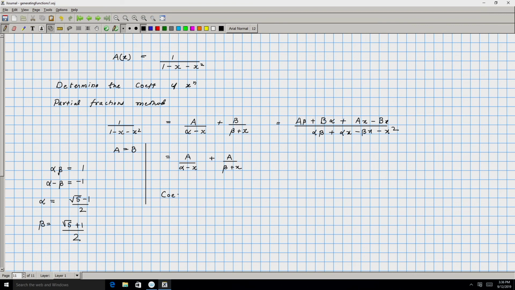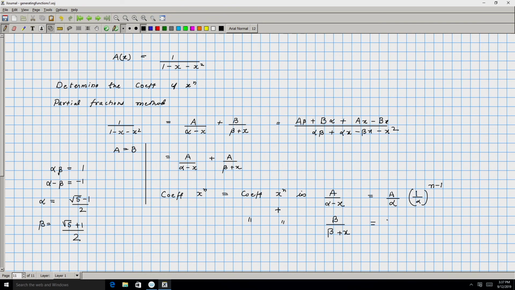So the coefficient of x^n will be the coefficient of x^n in a by (alpha minus x) plus the coefficient of x^n in b by (beta plus x), and this is equal to a by alpha into 1 by alpha raised to n, and for the other term the coefficient will be b by beta.